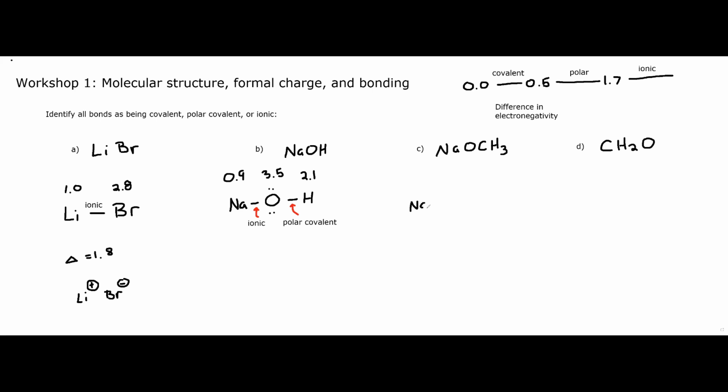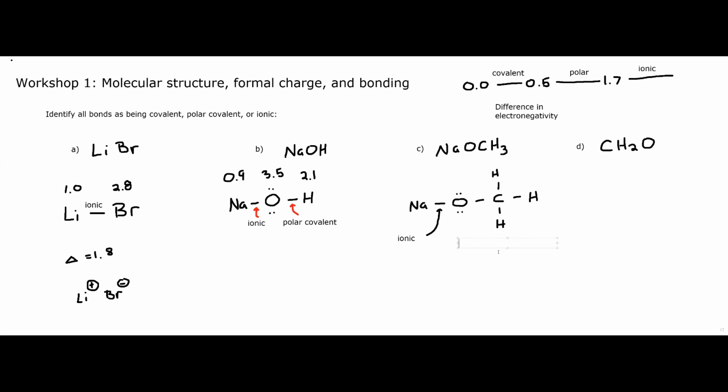Okay, let's look at the next one. We have sodium connected to oxygen, connected to carbon, which is connected to 3 hydrogens. This is a methyl group, remember? Well, we just did sodium to oxygen. We know the difference here is 2.6, so this bond here will be ionic.